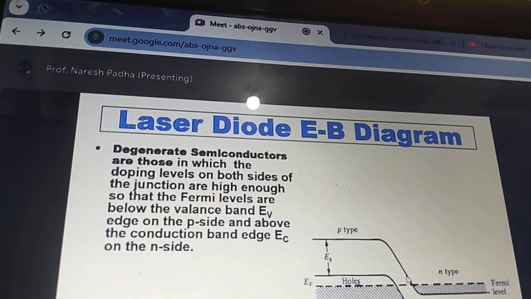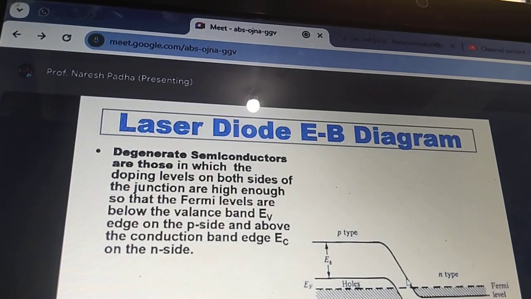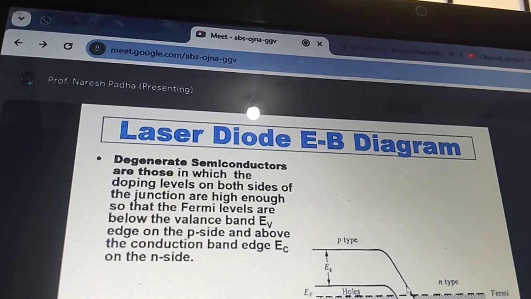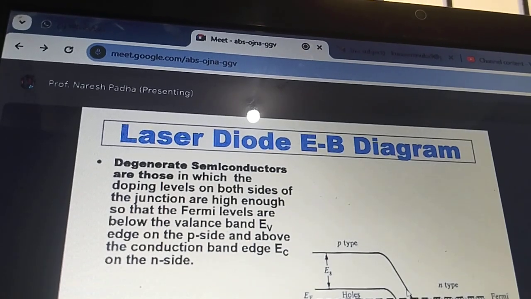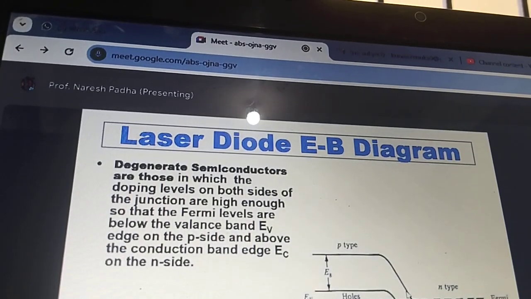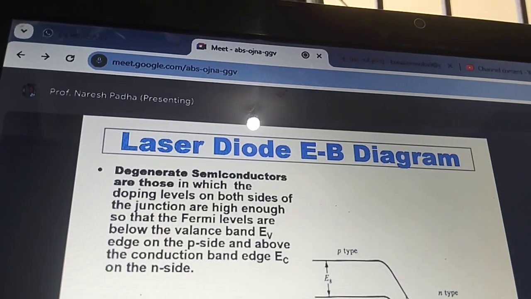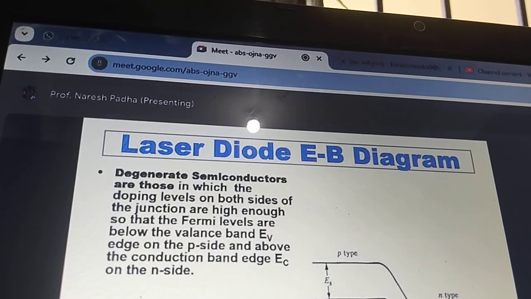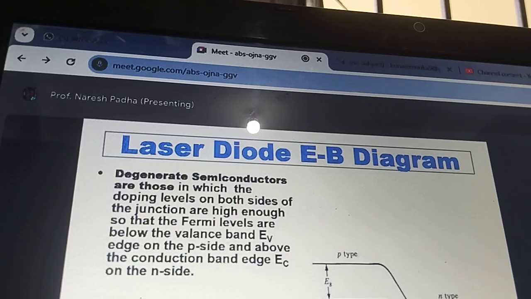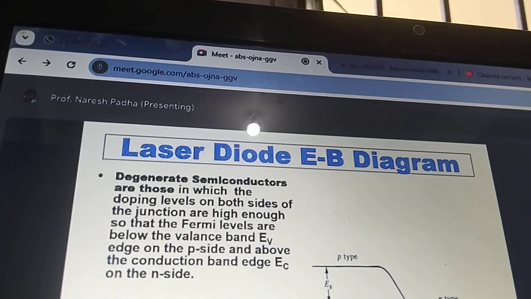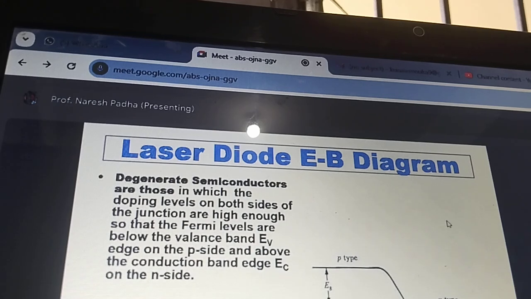See the energy band diagram. If you look at this energy band diagram, and if you have seen the energy band diagram of a PN junction diode, you should be able to note the difference. I hope you must have noted, because there is a P-type region and there is an N-type region.